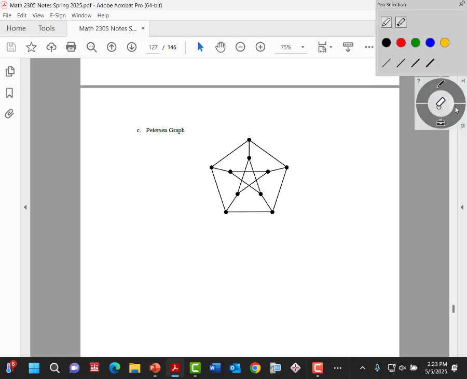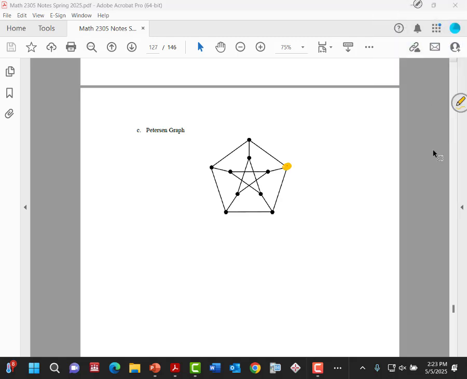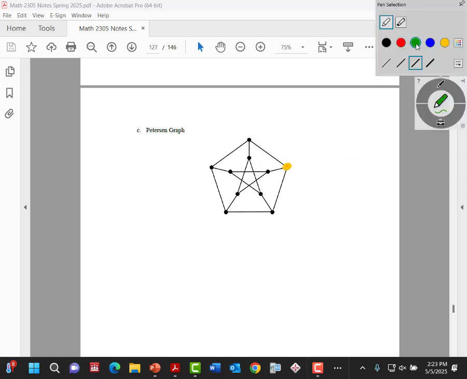So let's do a proper coloring. Okay, so how would I color this one right here? I'll start with orange. If I color this vertex orange, then let's slide upwards and color him a different color. How about I color this one green?